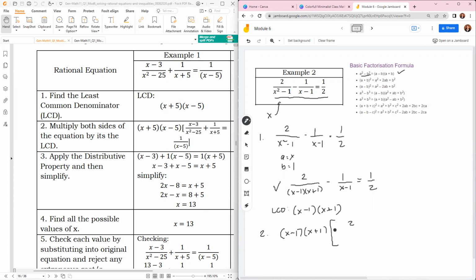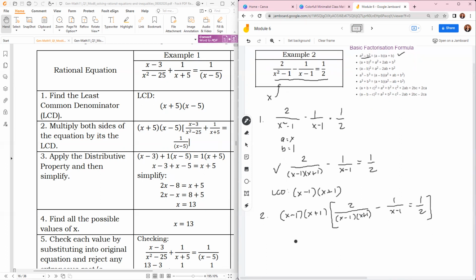We do it on both sides, so we distribute it to each term, and also distribute it to the other side of the equation.